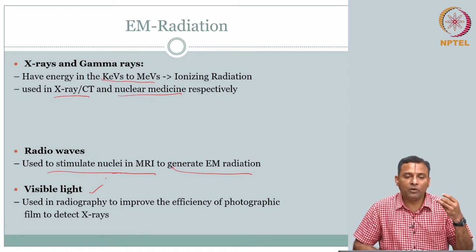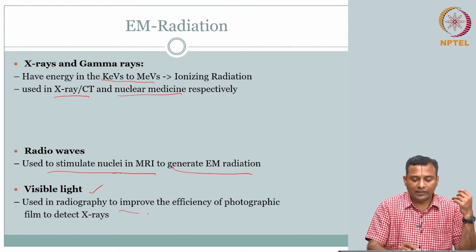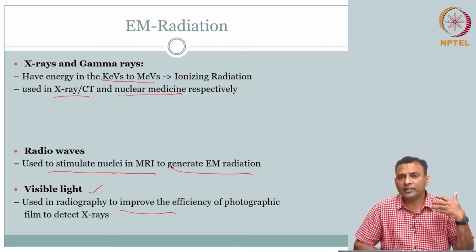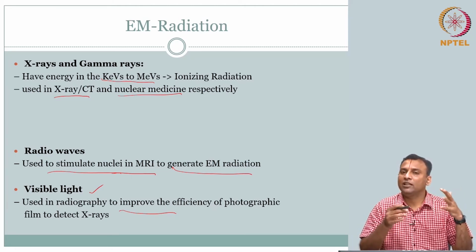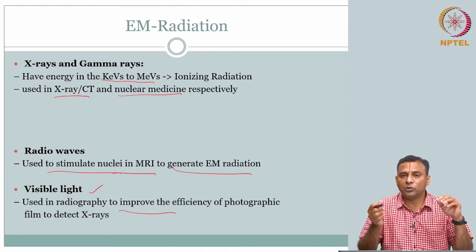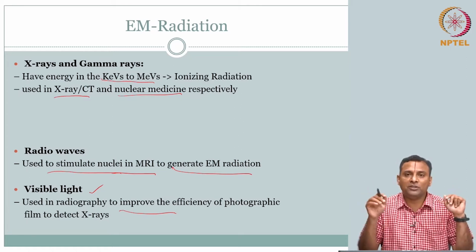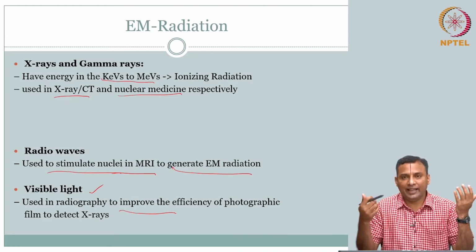But beyond that, what do we mean? We mean that it is actually used when you have, again recall what Roentgen did, right. He named it X-rays because there were mysterious rays that were coming. He was working with a Crookes tube, and he noticed that the photographic film actually got spoilt due to some mysterious rays. So, he named it X-rays.